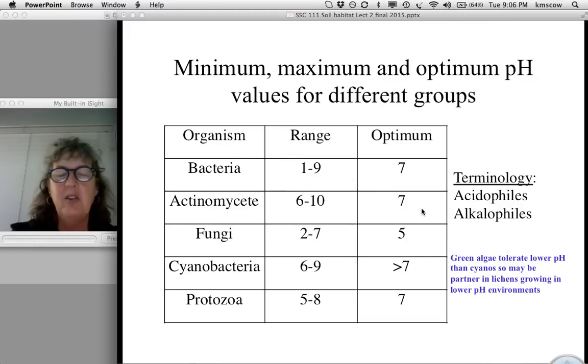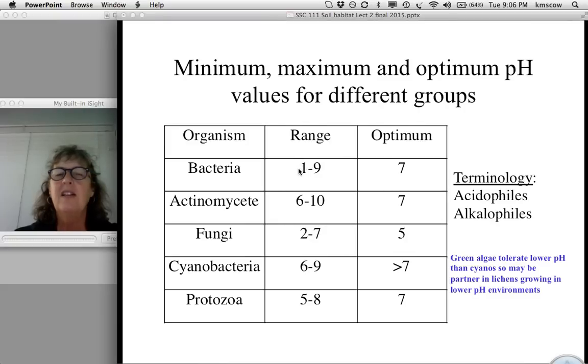These generalizations don't apply to all organisms in these groups, but in general I think that we can make these kinds of statements. Bacteria actually rule across a broad range of pH, although most of them are going to fare best at around neutral pH, 7 being a good value.